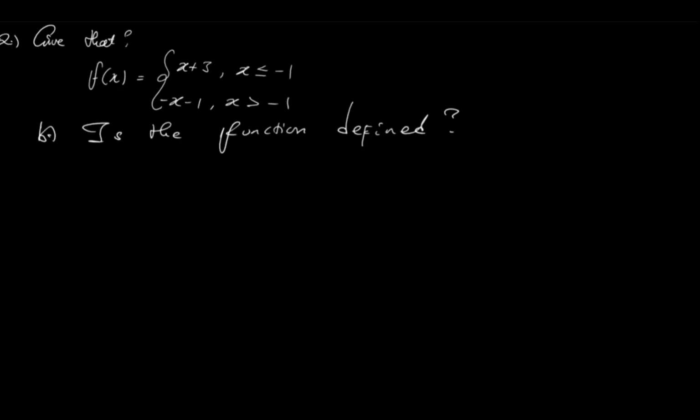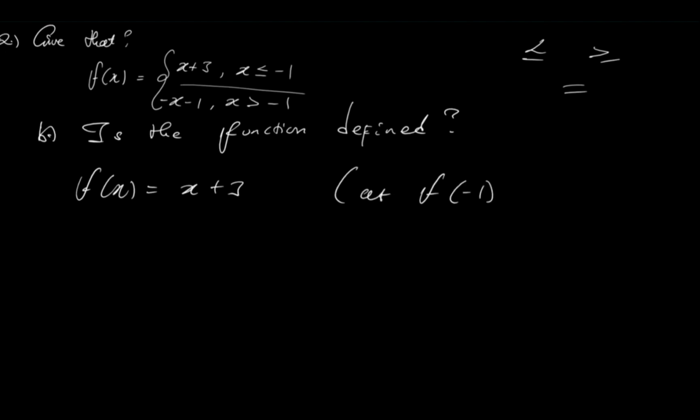Other questions that might come in: is the function defined? For you to know if the function is defined, you look for the condition that has less than or equal to, greater than or equal to, or just the equal to sign, of which between the two, it's the one on top. So I'm going to say f of x is equal to x plus what? 3. We're trying to see if it's defined at f of negative what? 1.